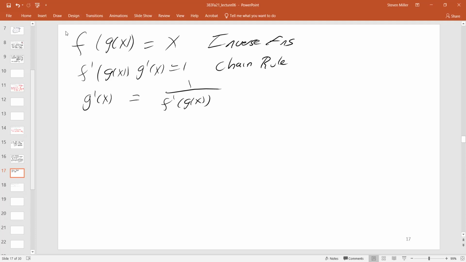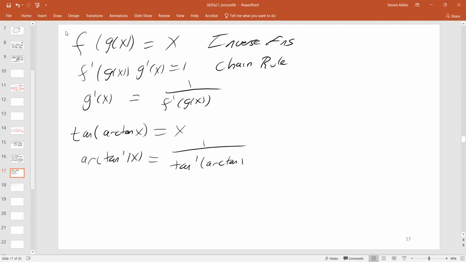So if I want to find the derivative of arctangent, what is the tangent of arctangent of x? That equals x. So we get arctangent prime of x is 1 over tangent prime evaluated at arctangent of x. What is the derivative of tangent?